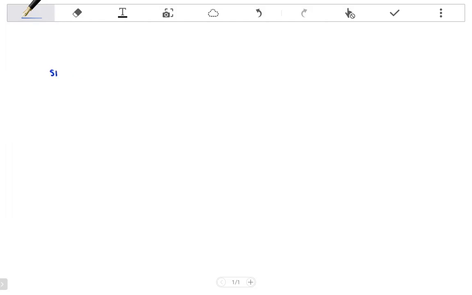Like sine, cosine, tangent. Yeah, I've heard of it. Does anyone know what it is or has studied it before? I've studied it before. Oh, you've studied it before? Okay. For those who haven't studied it before, we will go over it.